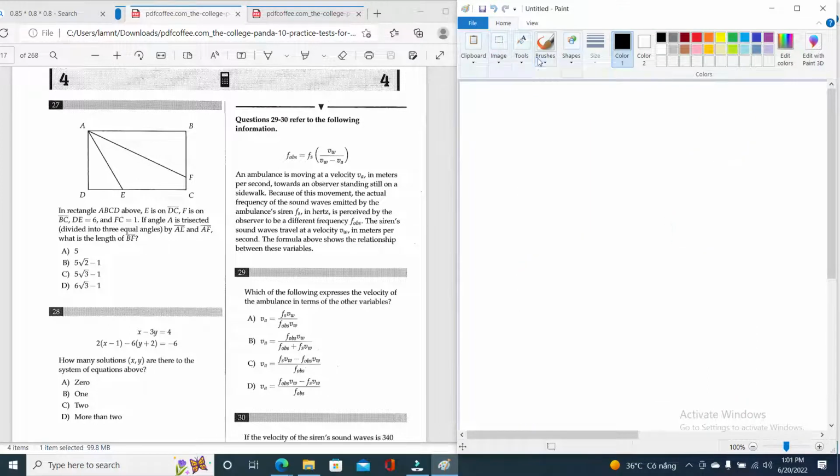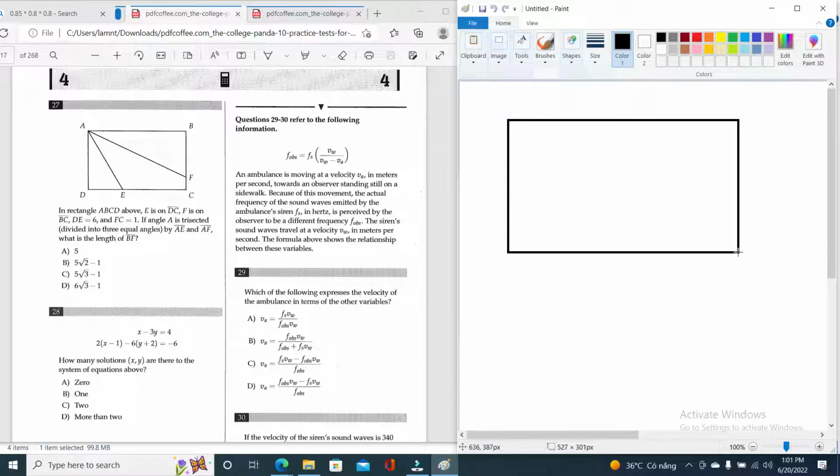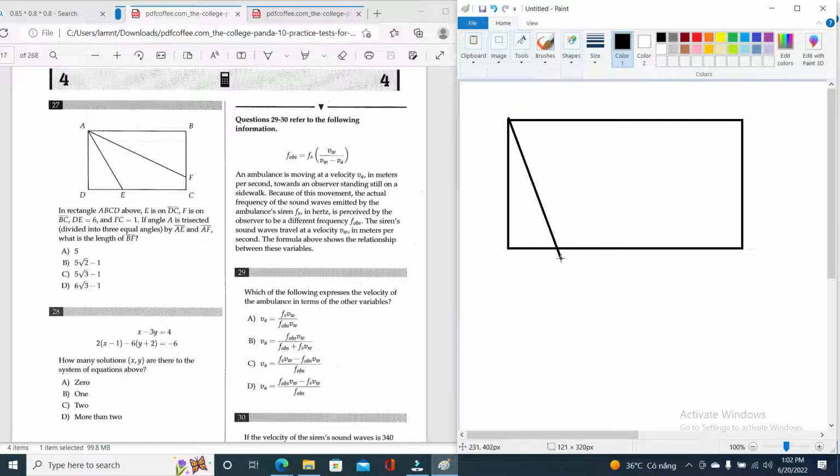So we have a rectangle. Okay, so we're going to trisect the angle A. Okay, so each of these is actually 30 degrees. Each of these is actually 30 degrees.